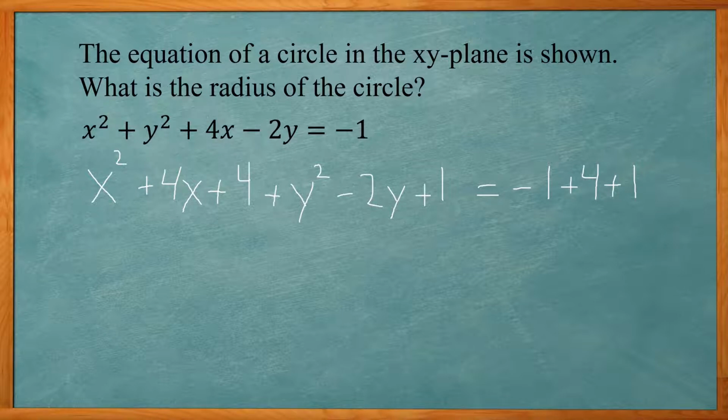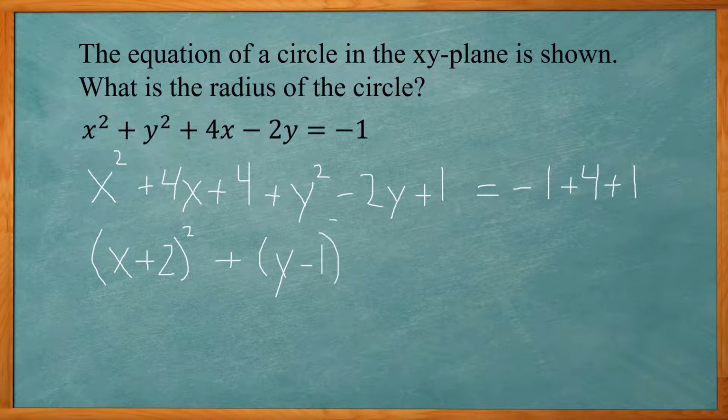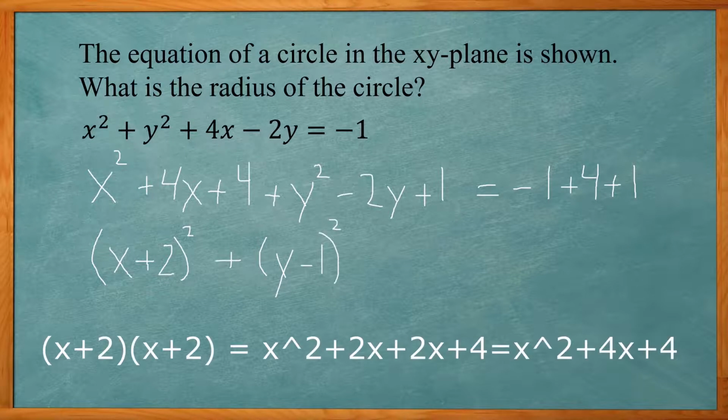Now when I complete the square, the x's become (x plus 2) squared, and the y's become (y minus 1) squared. Now if I were to multiply these out, I'll get 2x plus 2x to give me 4x, and 2 times 2 to give me the 4.